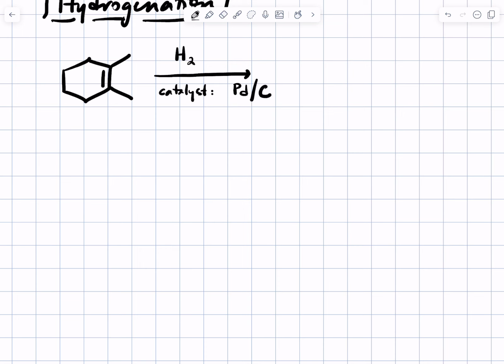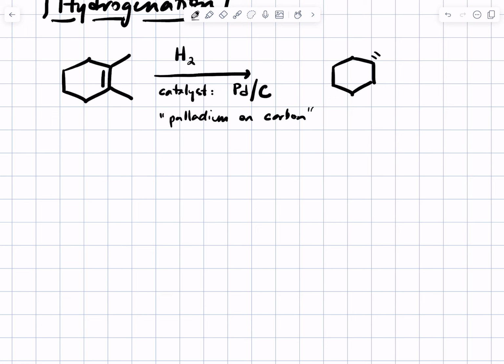That preparation of palladium on carbon is Pd/C. Any organic chemist knows what you're talking about when you say that. The mechanism of the reaction is beyond the scope of the class. I'll give you a little bit of insight into what's going on.